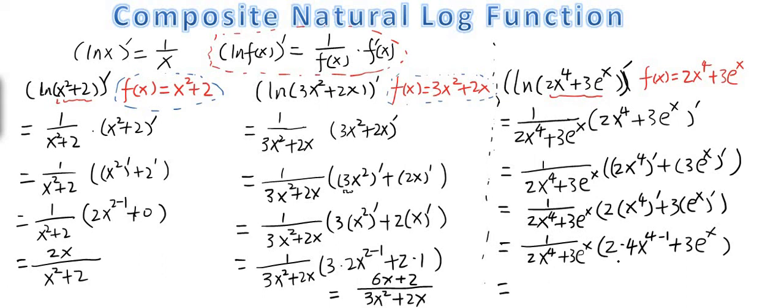Okay, we can simplify and find the numerator is going to be 2 times 4, 8, times x cubed, plus 3e to the power x, divided by 2x to the power 4 plus 3e to the power x. That's it.